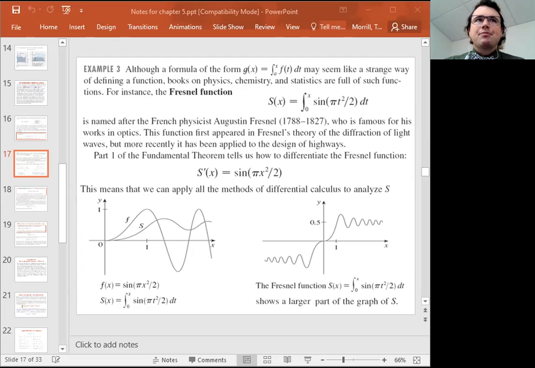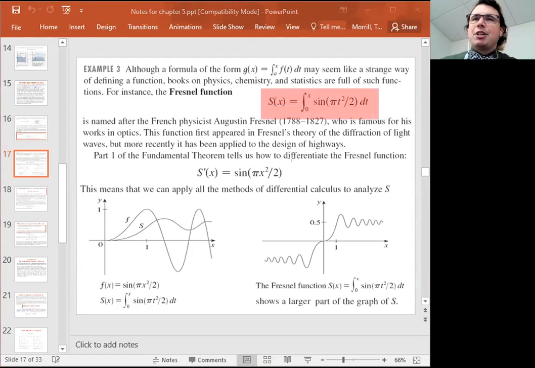And what those will look like will be slightly different depending on what your major is. But now, if you do see something like this in the wild, we know how to integrate it.